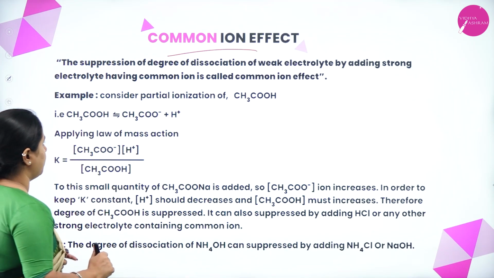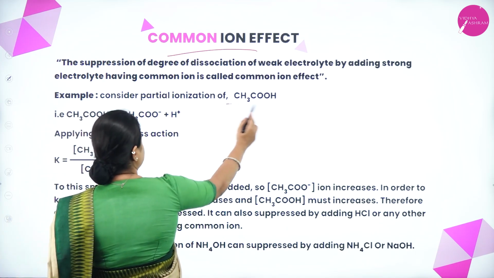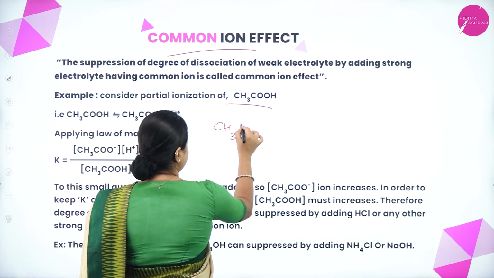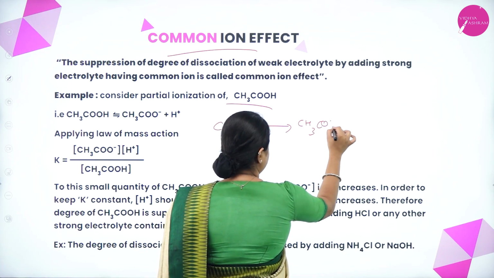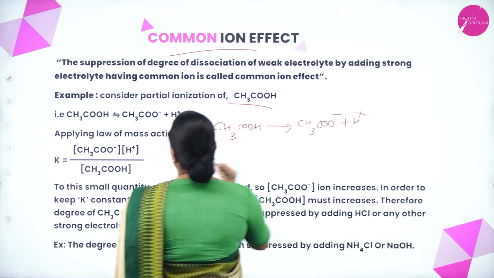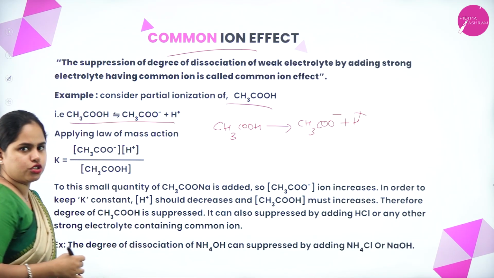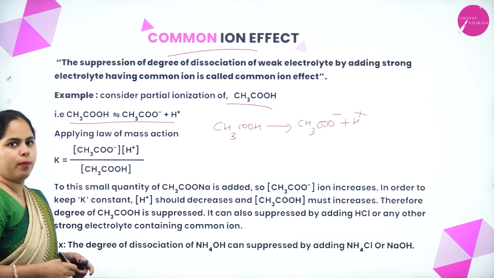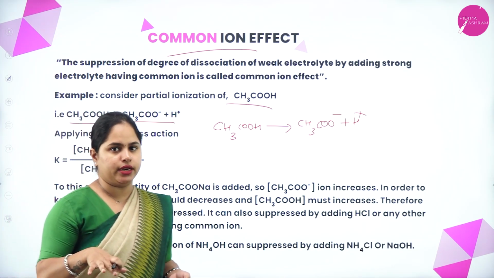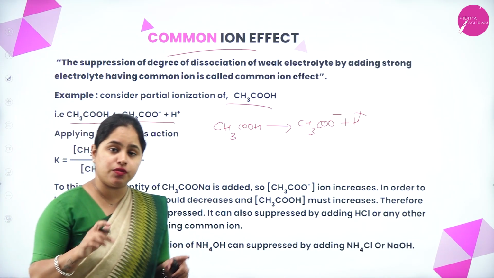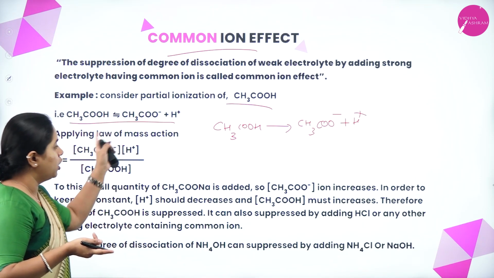So let's take an example. Consider the ionization of acetic acid. CH3COOH dissociates into CH3COO minus and H plus, which is shown here. Now we are going to add a strong electrolyte which will have an ion common to this.